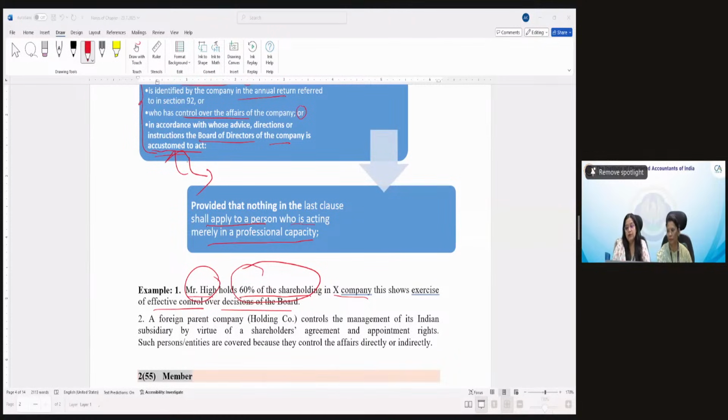Mr. High holds 60% of the preference share capital in X company, and this preference share capital is not having any voting rights. Will he be having effective control?